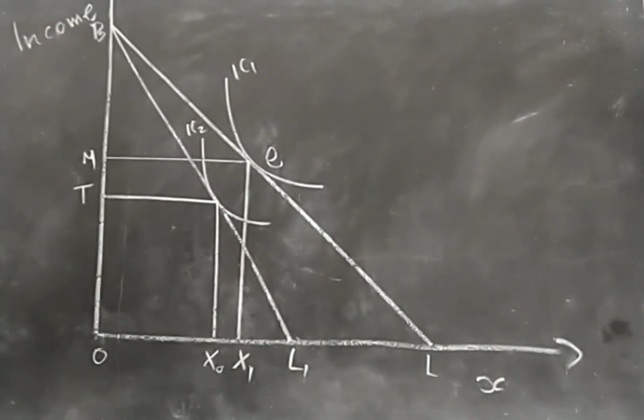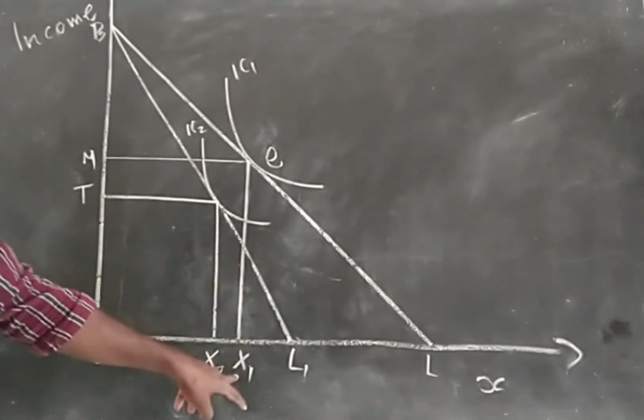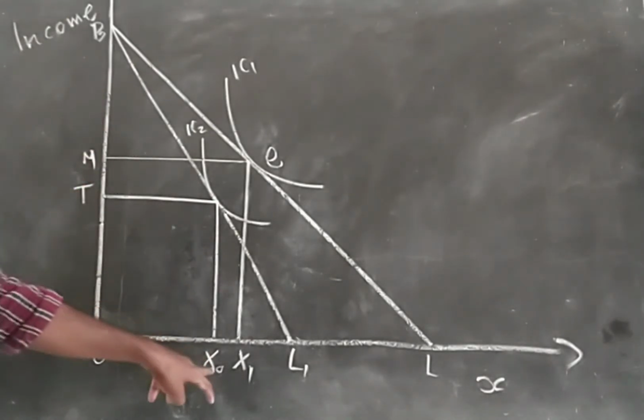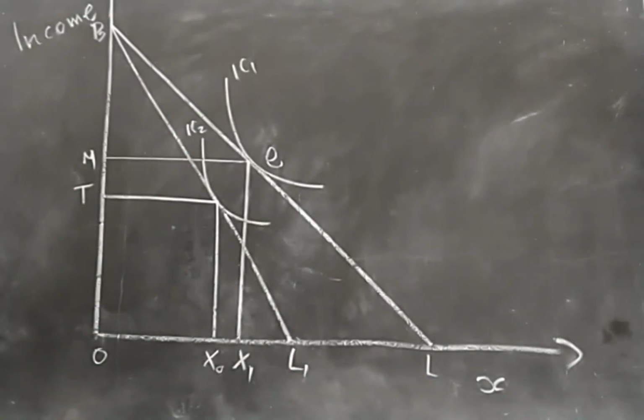So here we can see that initially the consumer was spending BM amount of income and buying OX1 amount of X, and after imposition of the tax, he is spending BT amount of income and buying OX0.